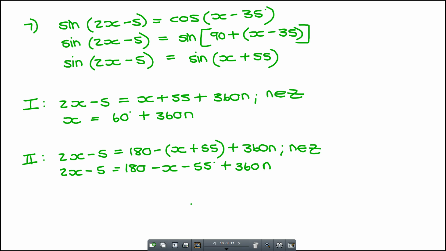Now I'm going to take unknowns to the left. So that will become 3x. The right-hand side 180 minus 55, and then that minus 5 comes over, so it becomes plus 5. So that's going to give me 130 plus 360n. Now I must get rid of that 3, so I'm going to divide everything by 3. So x will be 43,3 plus 120n.